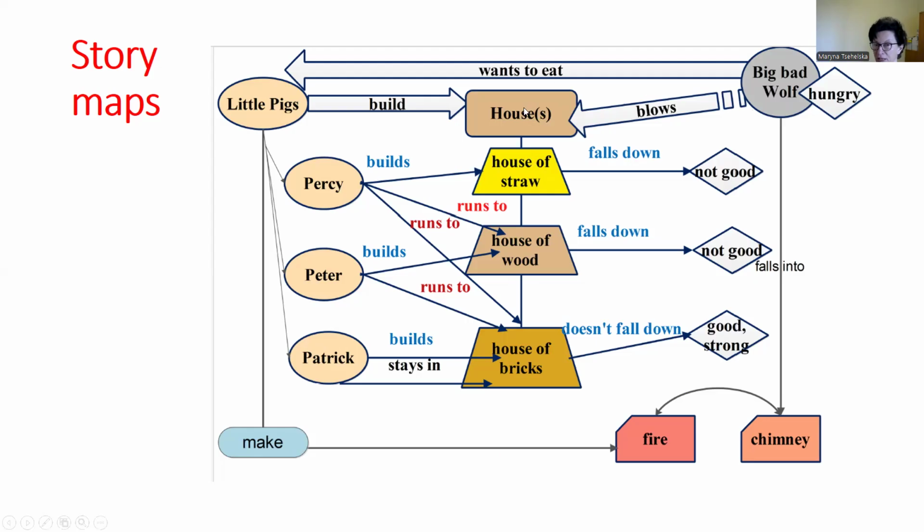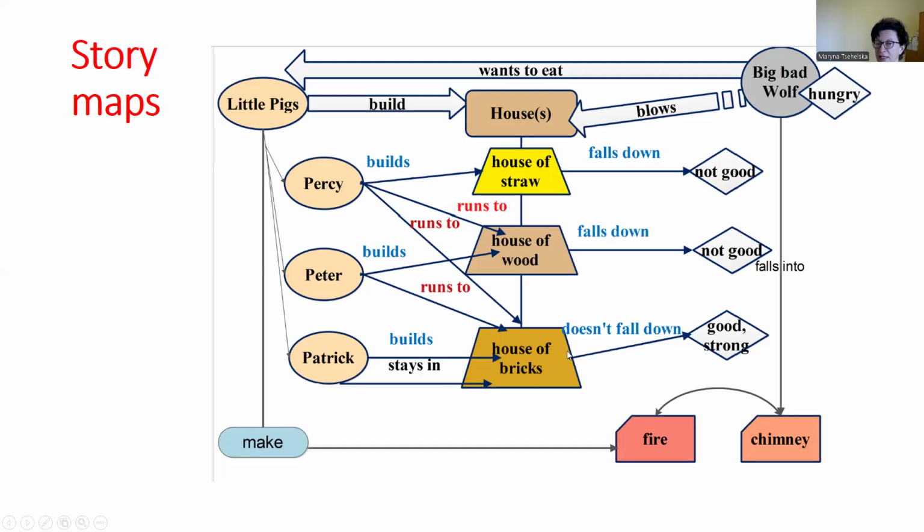He blows the house of straw, the house falls down because it's not good. Percy runs to the house of wood. Then the wolf blows the house of wood, but it is not good, it falls down. So Percy runs to the house of bricks, and Peter runs to the house of bricks as well.